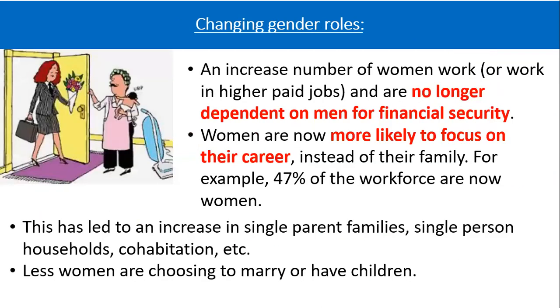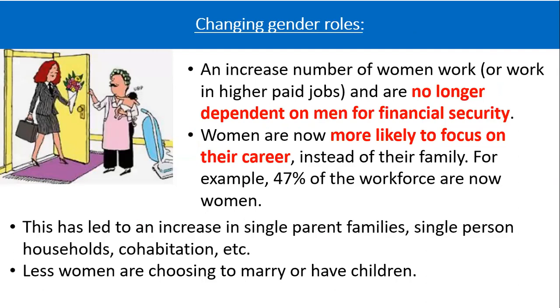There's also changing gender roles. So an increased number of women are now working and are no longer dependent on men for financial security. So women are now more likely to focus on their careers compared to in the past because of those opportunities. So for example, 47% of the workforce are now women.